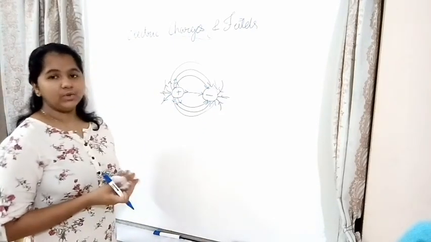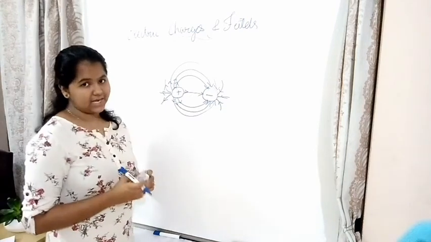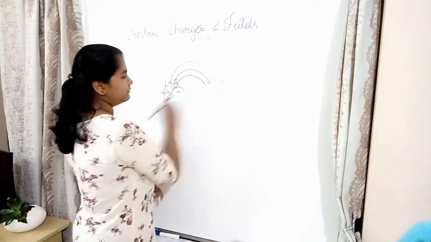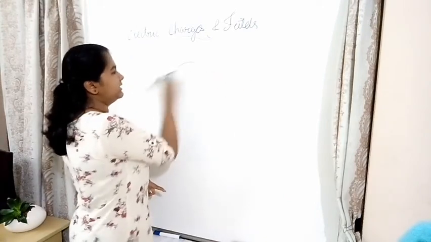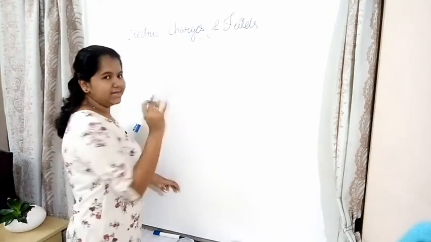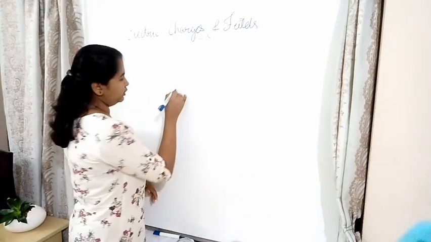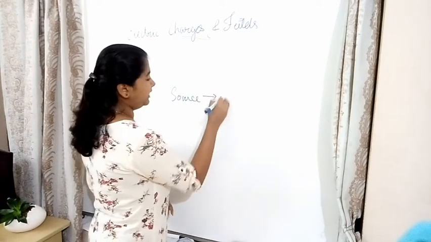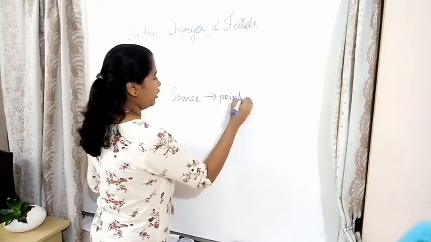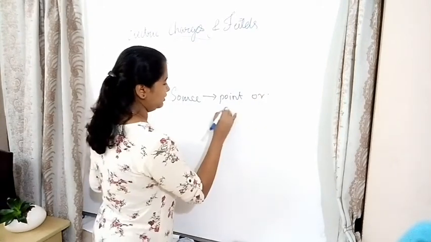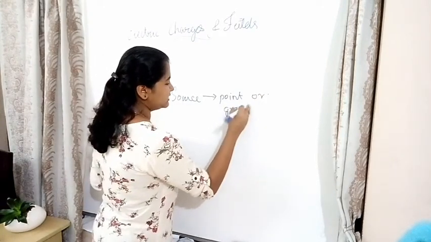So we now have to know what is electric field line. Before learning about the next thing, the field lines, we have to discuss some points about the electric field itself. The first one is the source charge. I told you the source charge can be a point charge, or a group or system of charges.